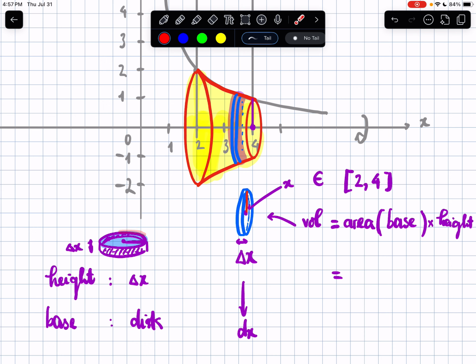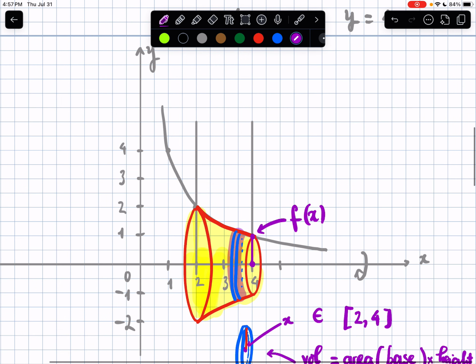So from the center to the circle, which is the value f of x. In our case, y equal to f of x, which is 4 divided by x.